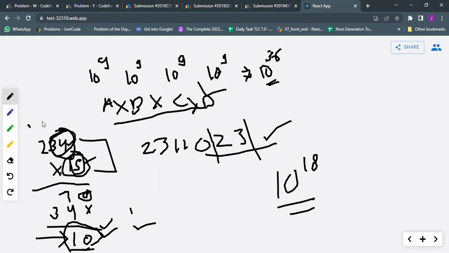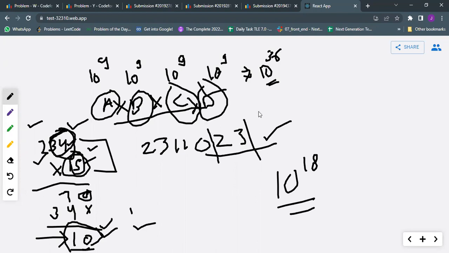We don't have to care about the other digits. Okay, cool. So now I think you got the idea. If you only care about the last 2 digits, then you can just take the last 2 digits of every number, and then just multiply. Yeah, Ankit, I know there is an edge case.